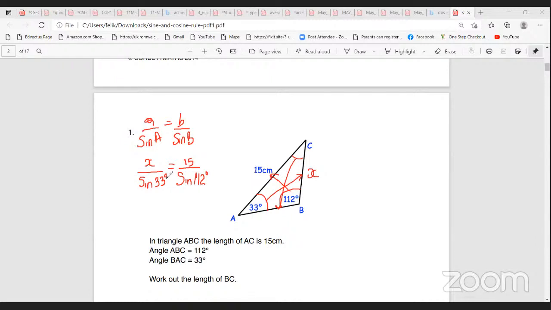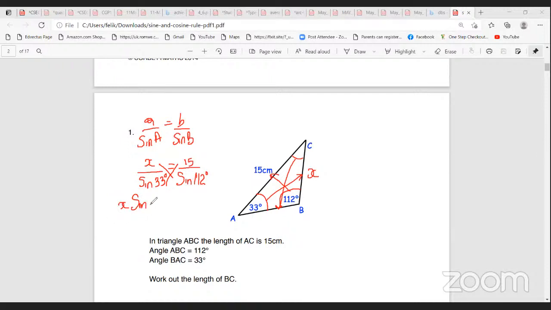Anyone know how we move from here? We say cross multiply. Good. Cross multiply. So now we have x times sine 112. So write it x sine 112.